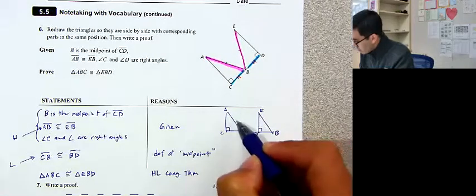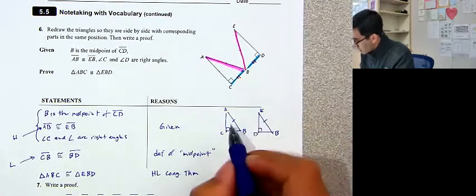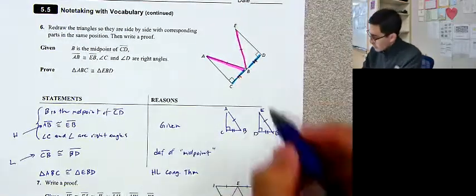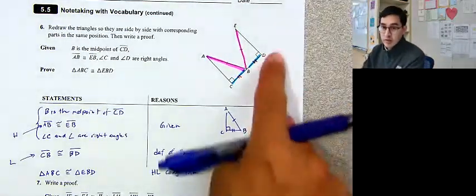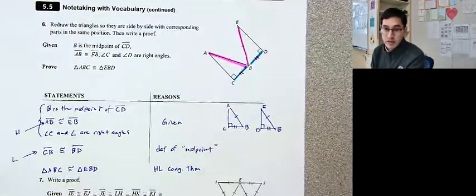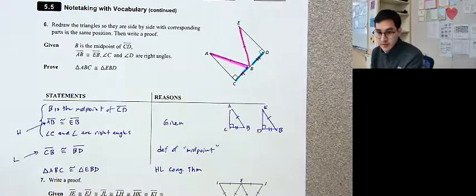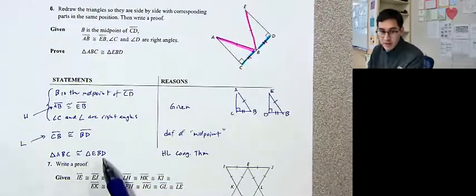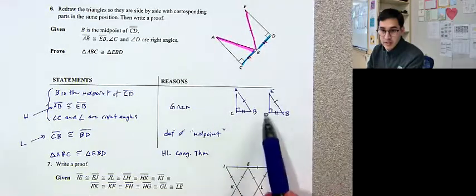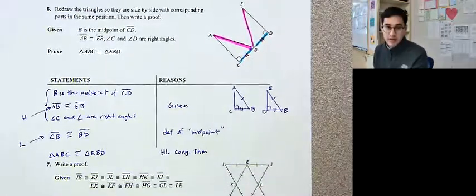So it was the hypotenuses that were congruent and the short legs that were congruent. This is what it looks like when you take the two triangles and redraw them so that they're in the same orientation. Let's just make sure that the naming checks out. So we have A, B, C, and E, B, D, and those letters are in the same order.